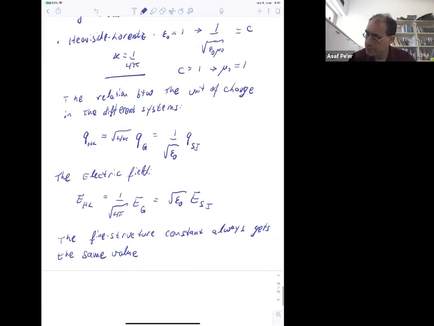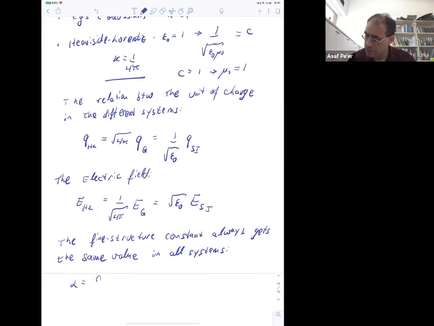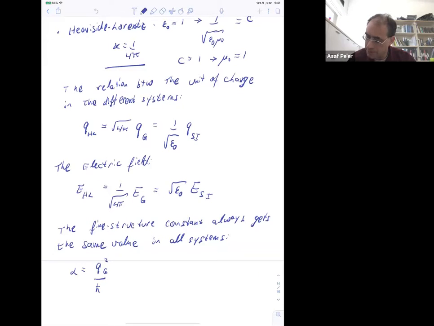Alpha is e squared in Gaussian units divided by h-bar c, e squared in Heaviside-Lorentz divided by 4 pi h-bar c, and e squared in SI divided by 4 pi epsilon 0 h-bar c. And it's always about 1 over 137.